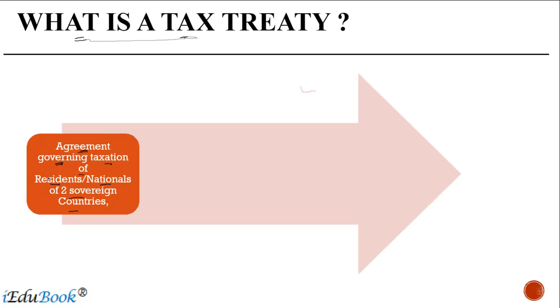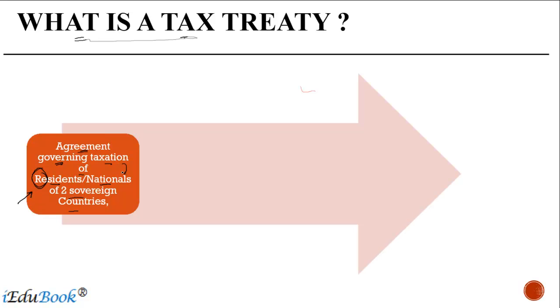countries. India follows the residence based taxation, which means that if you are a tax resident of India under the Income Tax Act, your taxation is governed by that fact. Whether or not you are a national of India, it doesn't make a difference, right?